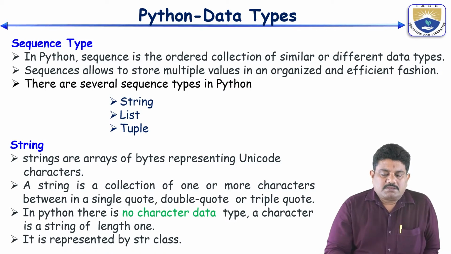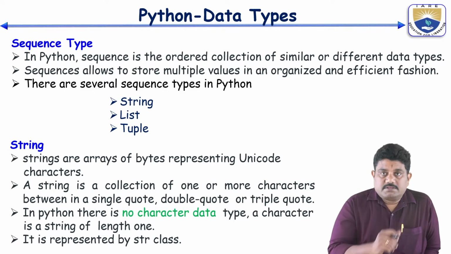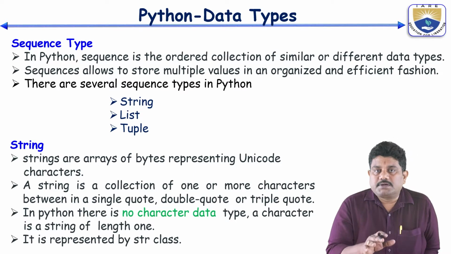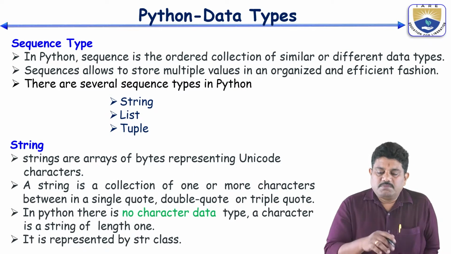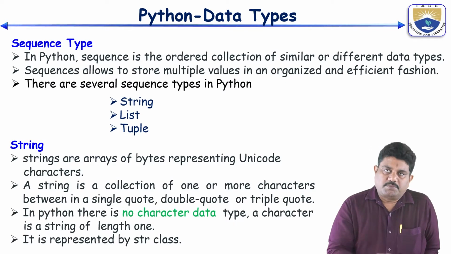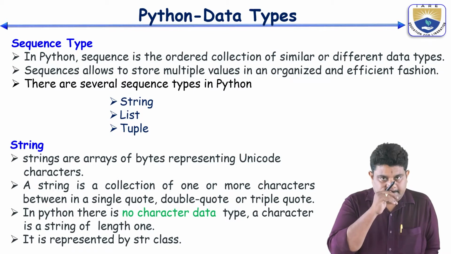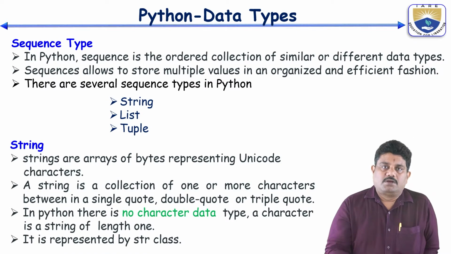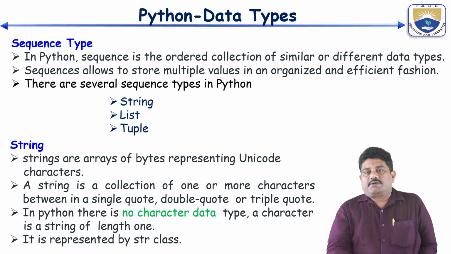In Python, a sequence is an ordered collection of similar or different data types. It may contain similar data types or different, meaning homogeneous and heterogeneous values.